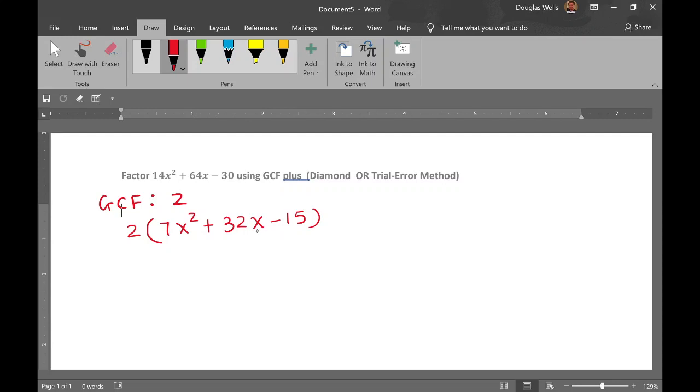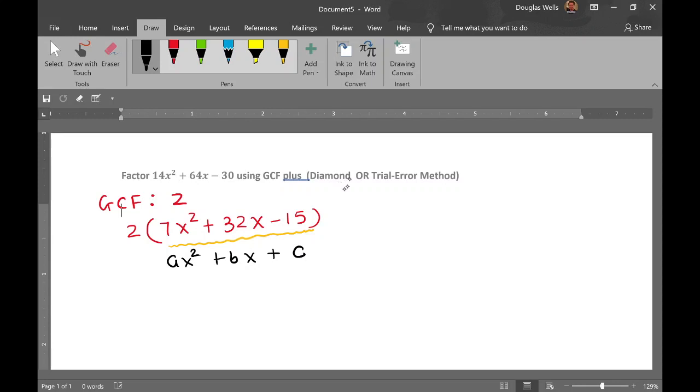Once we're done, we have to check whether this polynomial in the parenthesis can be factored further. In our case, the answer is yes. Why? Because I can compare this with ax squared plus bx plus c.